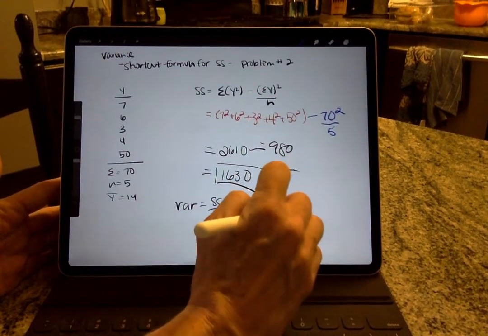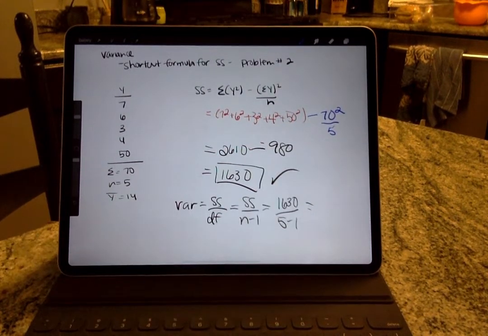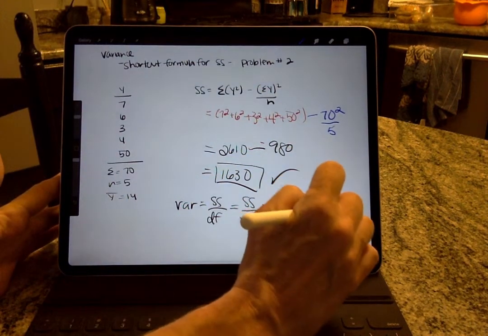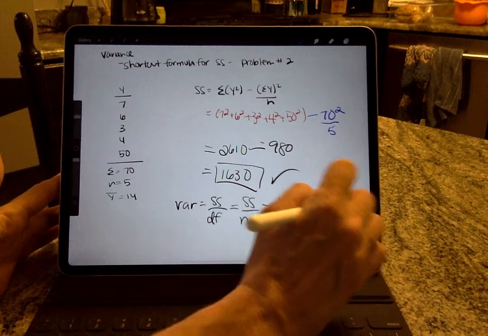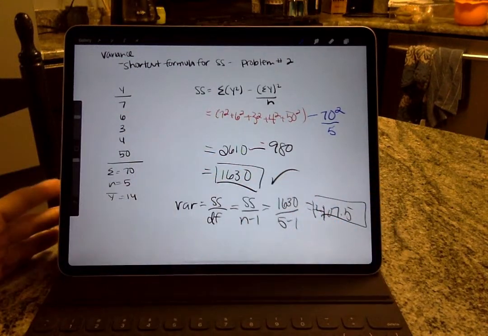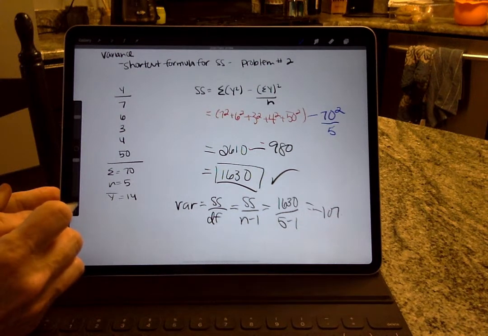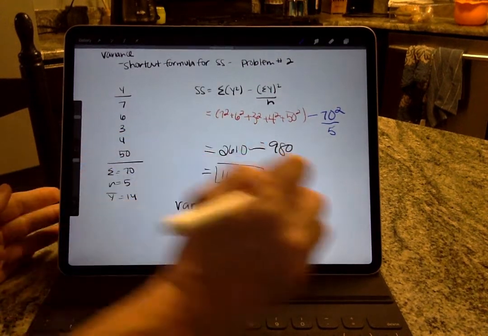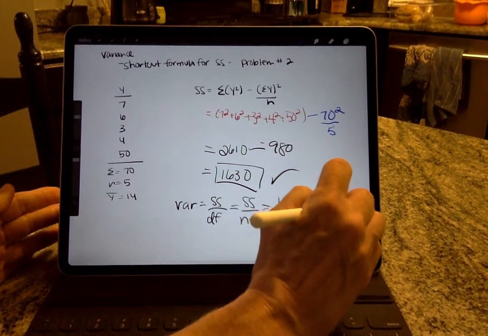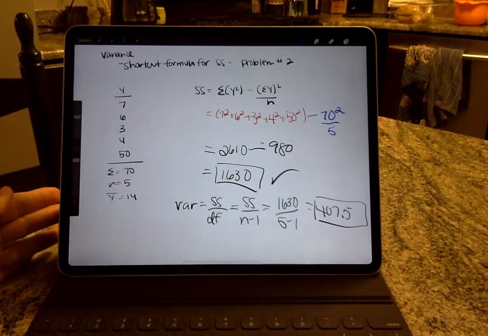In this problem, that's 1630 divided by 5 minus 1, which equals 407.5, the same thing we got when we did it the long way.